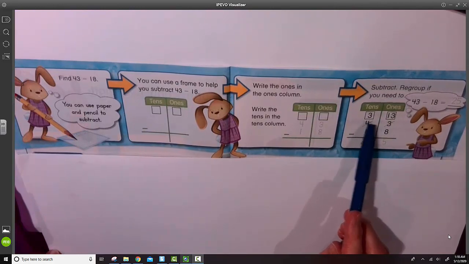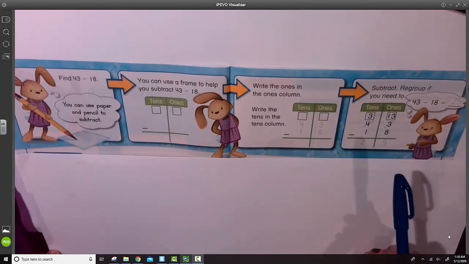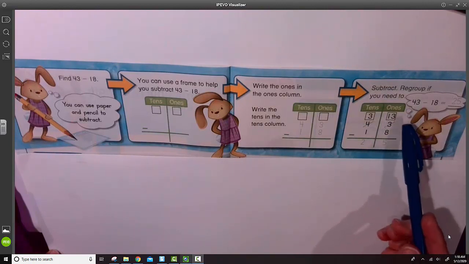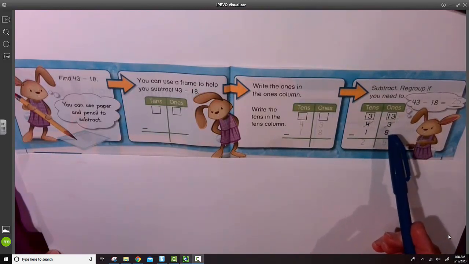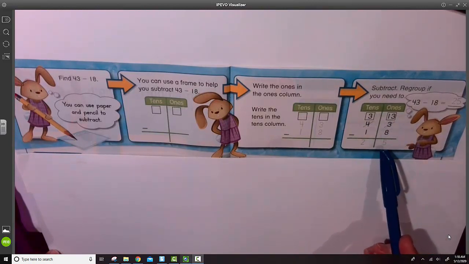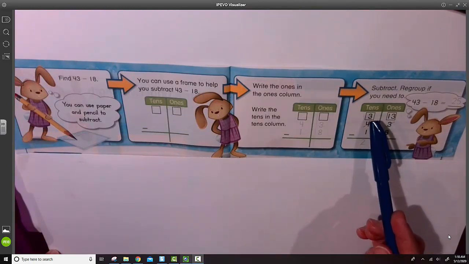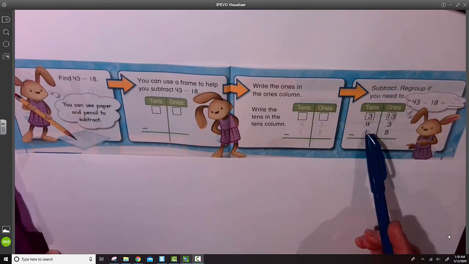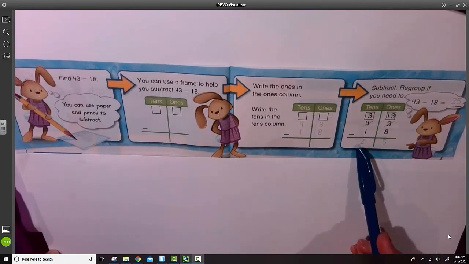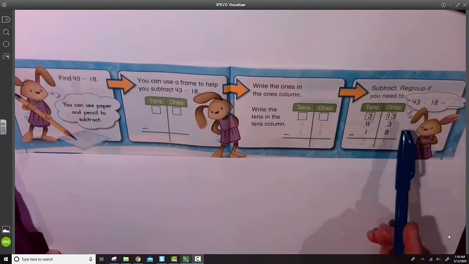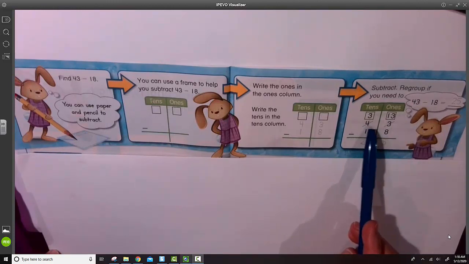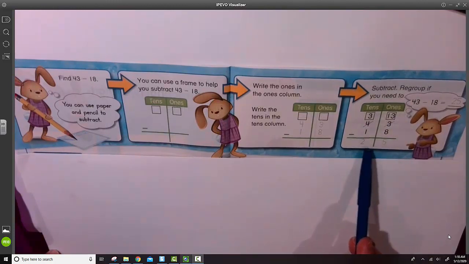We've just regrouped the number, but it enables us to subtract. 13 ones minus 8 ones equals 5 ones. Moving to the tens column, 3 tens minus 1 ten is 2 tens. So the answer, or the difference of 43 minus 18 is 25.